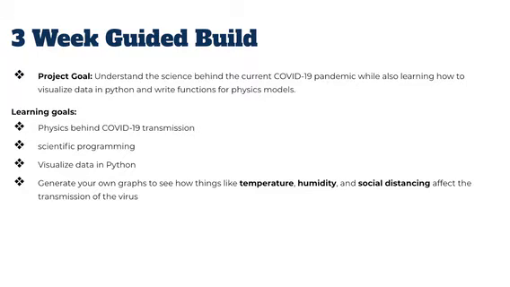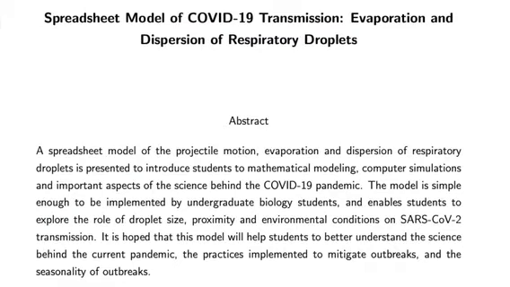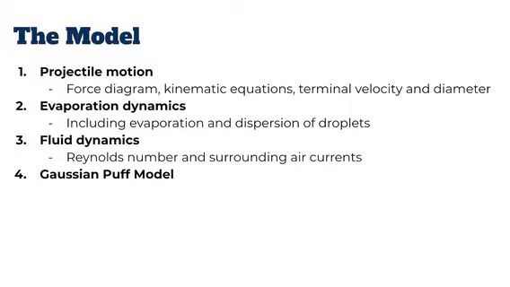This guided build was divided into 3 different sessions, and during the first session, we took a look at Professor Gavin Buxton's research paper, which is where this work is originally derived from, and we studied and discussed the 4 main components to this model, which are the projectile motion of the droplets, the evaporation and fluid dynamics, and finally the Gaussian puff model.